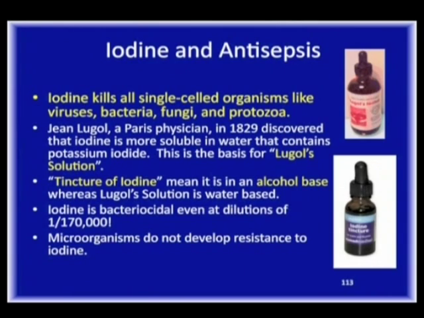This is what's called Lugol solution and is used to replace iodine levels in the human. Tincture of iodine, on the other hand, means that it is an alcohol base and is useful for cuts and scrapes, but should not be used to replace iodine in the body because of the presence of the alcohol. Iodine is bactericidal even at dilutions of 1 to 170,000. Microorganisms do not develop resistance to iodine.